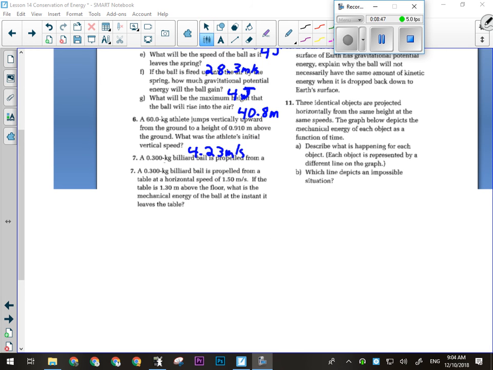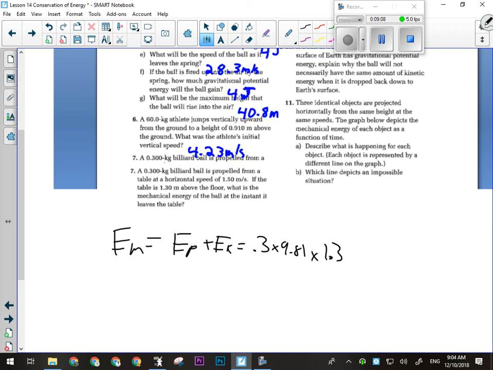Okay, so for number 7 here, remember that we calculate mechanical energy by simply adding together the potential energy plus the kinetic energy. So for this question, that's going to mean 0.3 kilograms times 9.81 times 1.3 meters plus 1/2 times 0.3 kilograms times 1.5 squared.